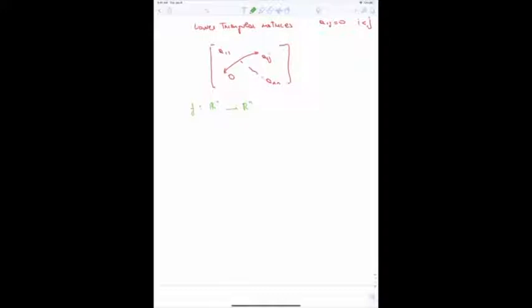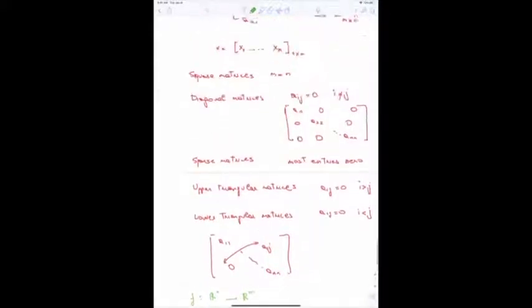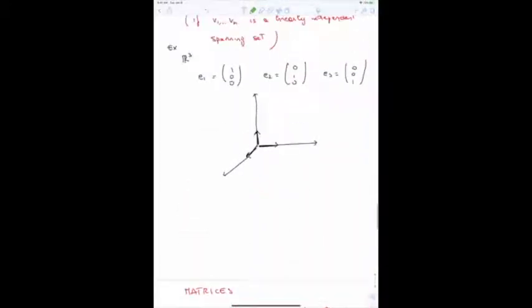If you have an operator from the n-dimensional space of real numbers into the m-dimensional space, this one here associates to ei, which is the canonical base. We define that here for a three-dimensional space.